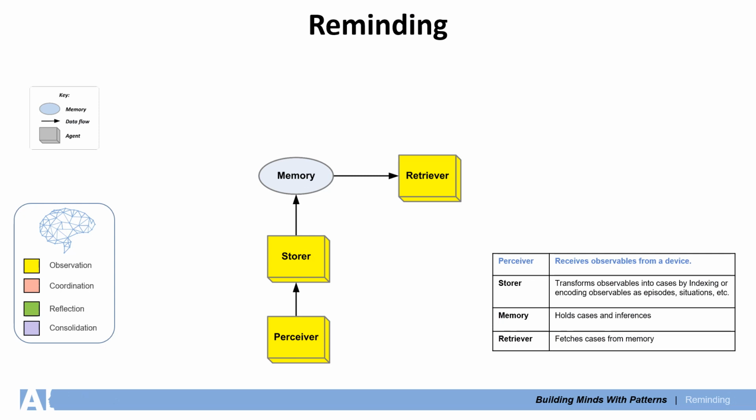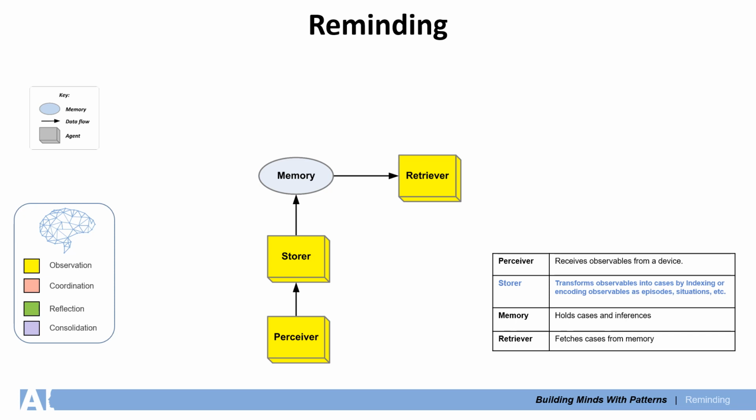The perceiver receives observables from a device and forwards the observables to the storer. The storer augments the observables with encodings or indexes, thereby transforming the observables into cases, or situations, episodes, and auto-associatively or heteroassociatively stores the cases in memory.